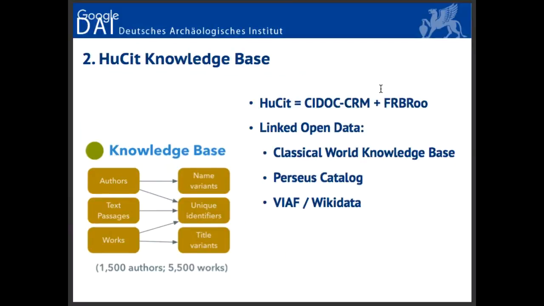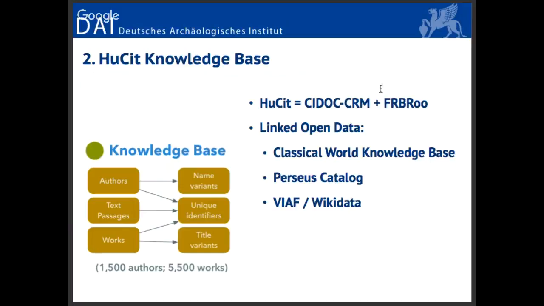Using the knowledge base that I'm using to extract the canonical references, that's not too difficult to do. I won't go into too many details about this knowledge base, but essentially it's taking data from the Perseus catalog, taking data from the Classical Works Knowledge Base, from the Philologic, putting them together, using as a standard a combination of CIDOC CRM for the ontology and also for the U. And then I wrote a small bit of ontology which is called HuCit, to fill the gap to represent canonical references.